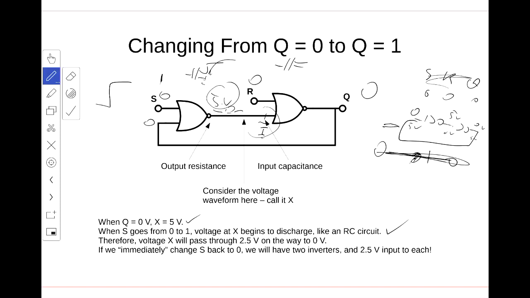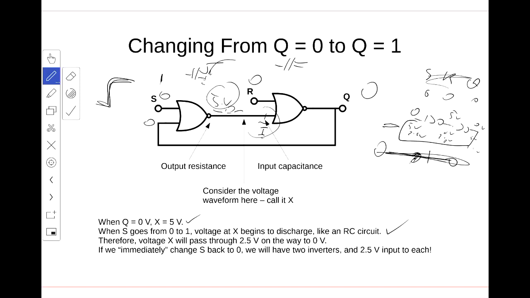And we learnt last lecture that I could also have 2.5 volts at all three junctions, and that is also an equilibrium point. So going back to this picture, this was at 5 volts. When I put this pulse in here, this 5 volts will begin to discharge. It won't drop to 0 immediately. As it's dropping, it's going to pass 2.5 volts.